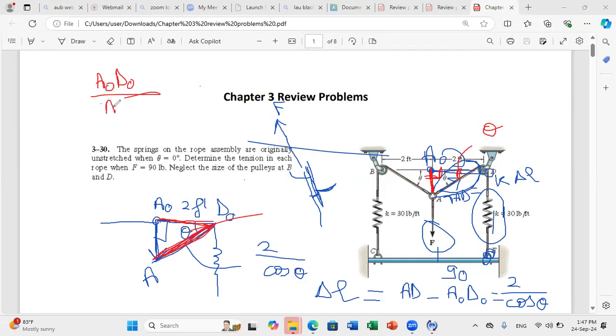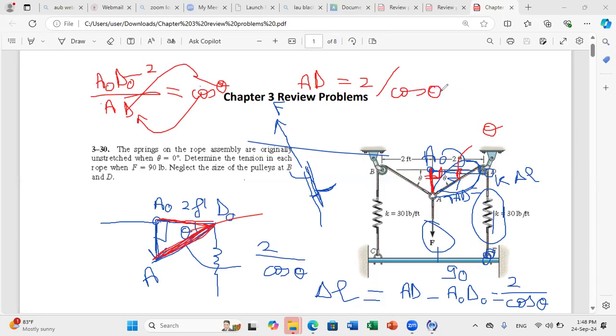Yes. You have A0 D0, it's 2. You replace this by 2. So now you can express AD as a function of theta. You just have to take this to the side and AD to the upper side. So AD is 2 over cosine theta.